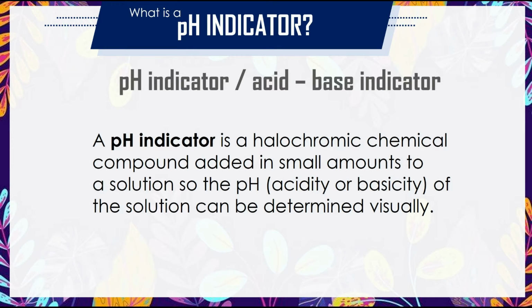What is pH? We all know that pH is a measure of acidity and basicity of a material. The range goes from 0 to 14. 7 is the neutral, less than 7 indicates acidity, and greater than 7 indicates alkalinity or basicity. pH is a measure of the relative amount of free hydrogen and hydroxyl ions present in a substance.